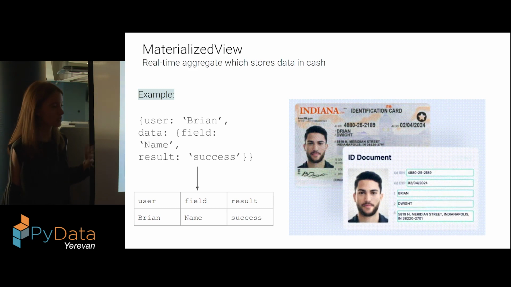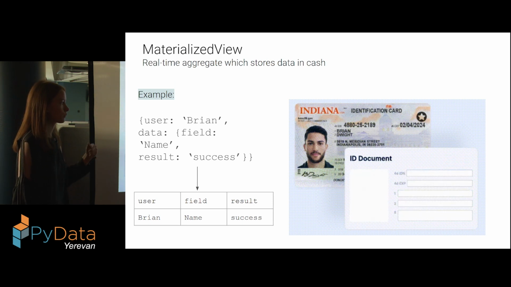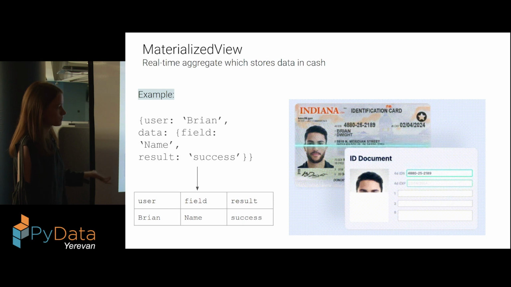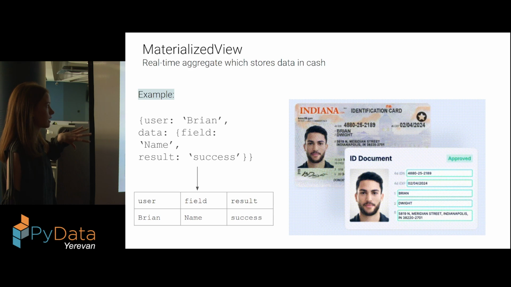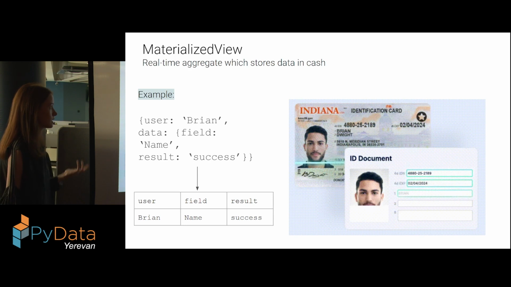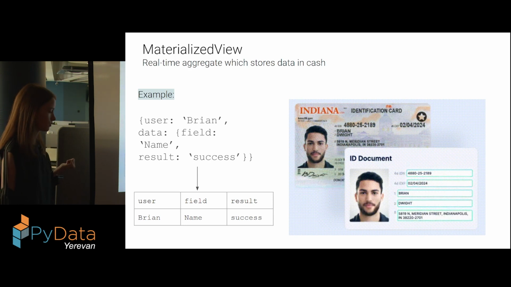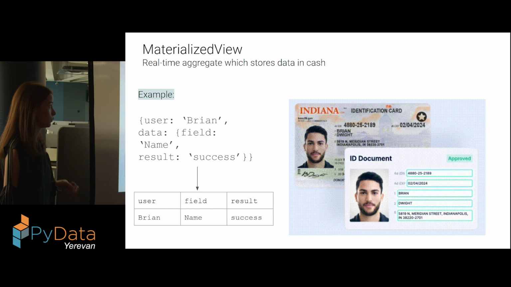A view is when you write a select query, and then every time you try to use this select query's results, it will just run this select query every time you press the run button. But a materialized view also has a cache, and it stores your data in some cached form and helps you to get this data more efficiently. So materialized view helps you to create real-time aggregates based on your select queries, and it is faster than the basic view engine.